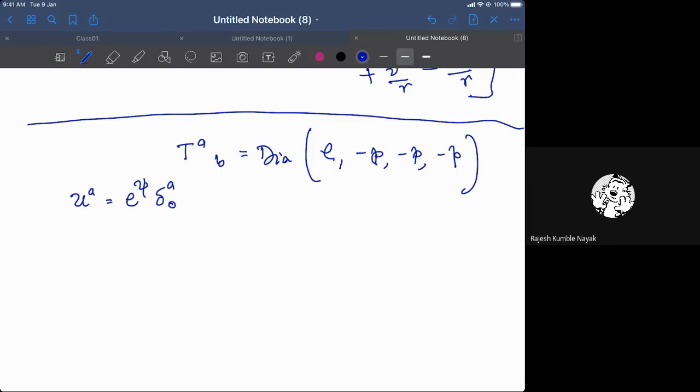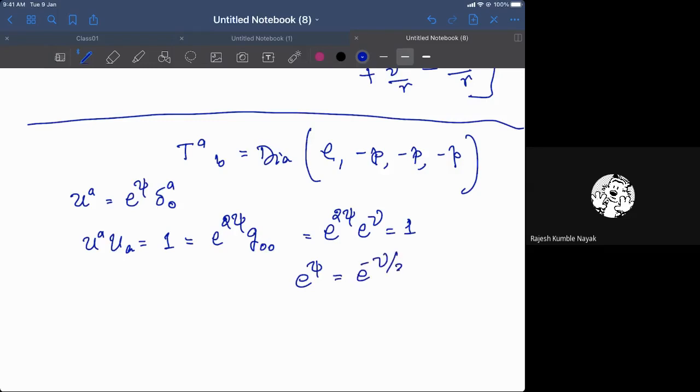That means that the element is not moving anywhere. It is simply staying at rest, and it is also spherically symmetric. So from this calculation and the normalizing constant, you can find out that U^A U_A is equal to 1. This is equal to e to the power 2 psi is equal to G00. This implies e to the power 2 psi e to the power nu is equal to 1, or simply psi is equal to e to the power minus 2 by 1.